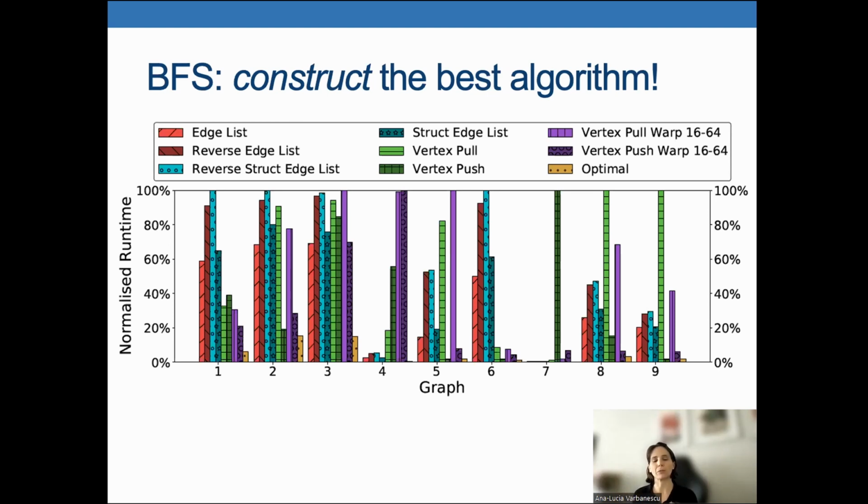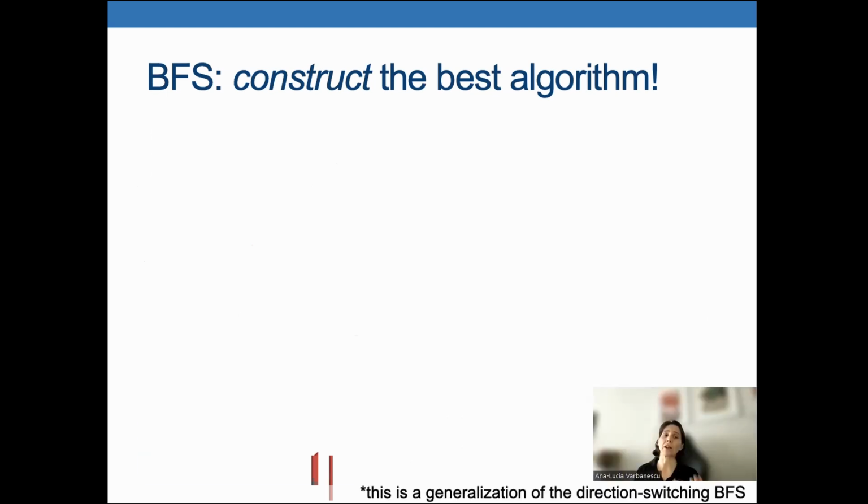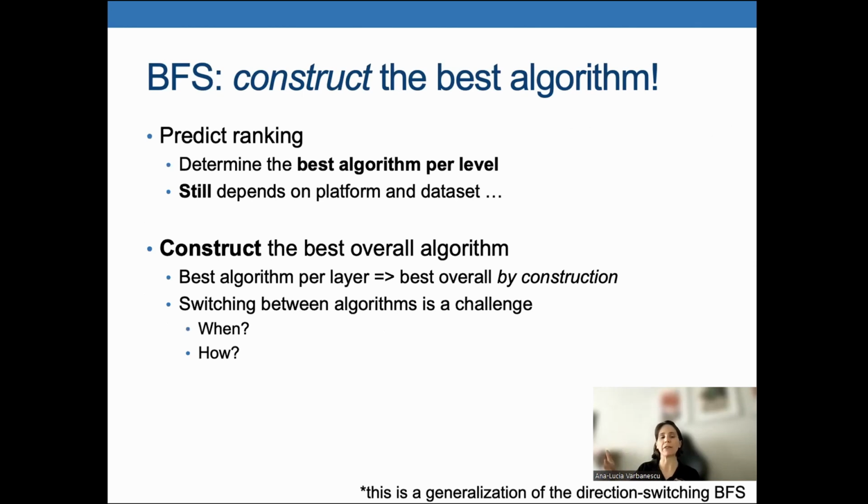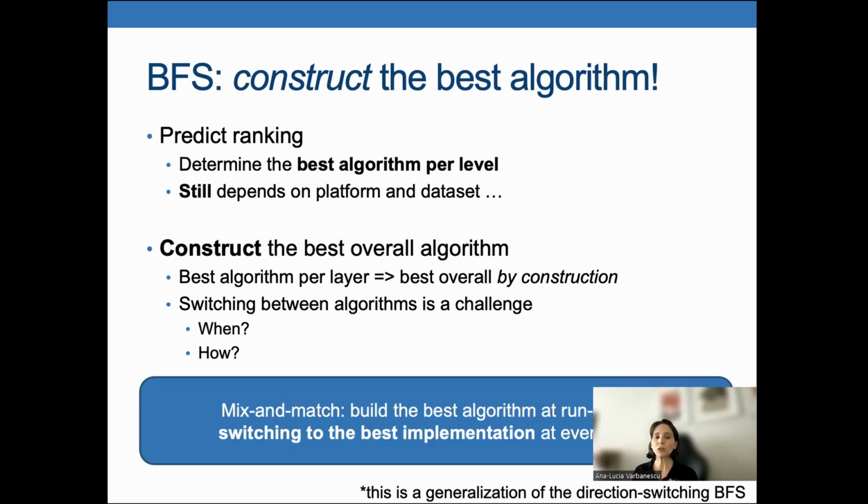That's the only situation in which this mix and match algorithm, as we call it, will not win. So in a nutshell, we were able to construct the best algorithm by predicting ranking at every level, and then switching the algorithm on the fly for every level, depending on the prediction of our model. And this was this idea of mix and match that I just discussed.